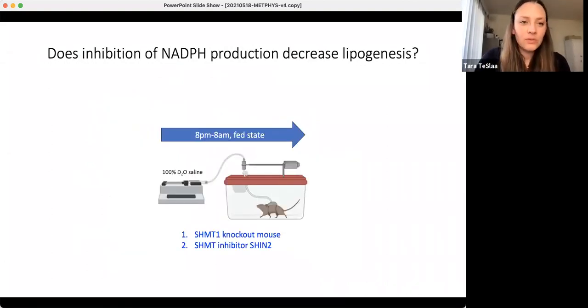So using these tools, we wanted to see if inhibiting serine catabolism decreases lipogenesis in the liver. To measure lipogenesis, we used a classic tool, which is deuterium oxide, which will incorporate labeling only into newly synthesized fat.